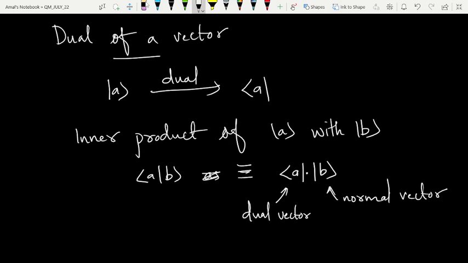So this is a redefinition of inner product in terms of the dual vector.